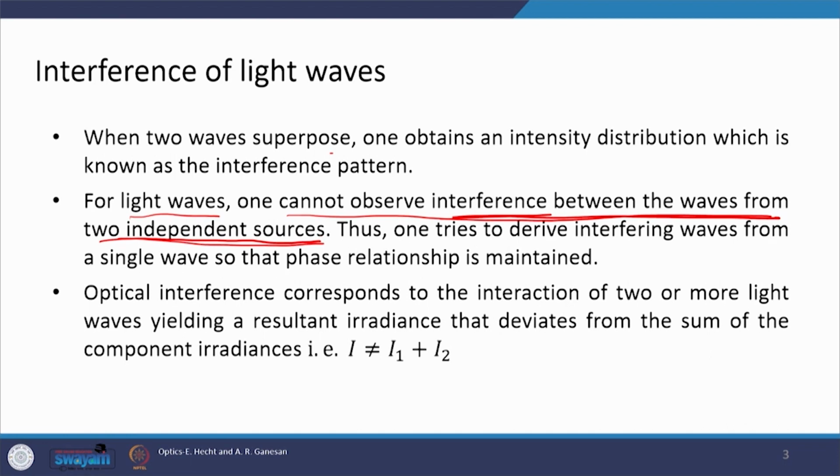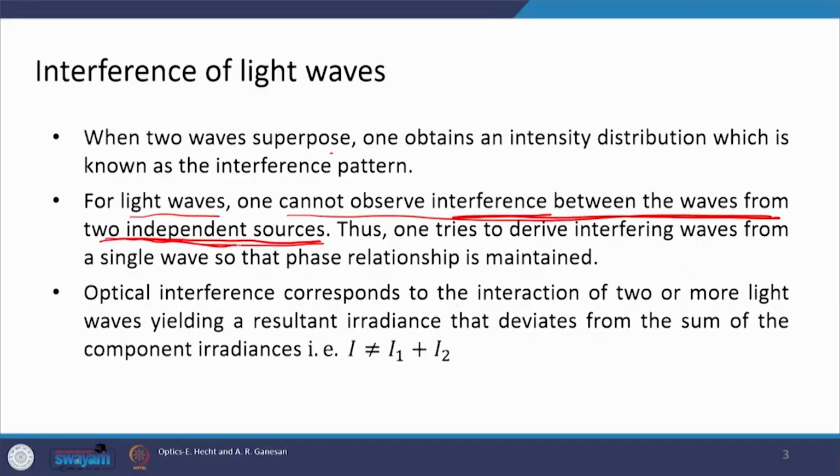Usually whenever we say that the two waves are interfering, then we expect as a result of interference observation of fringe pattern, and whenever we see some kind of fringe pattern, we say that the two waves must have interfered. But this is not the case. The observation of the fringe pattern is for the sake of measurements, irrespective whether we are observing fringe pattern or not, the two waves always interfere.